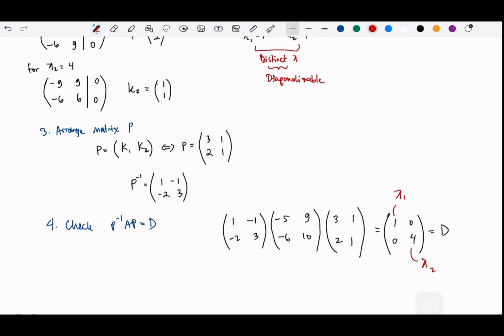And whenever we find repeated eigenvalues, then it could be not diagonalizable, but it could also be diagonalizable. Maybe later I will show you what it is.